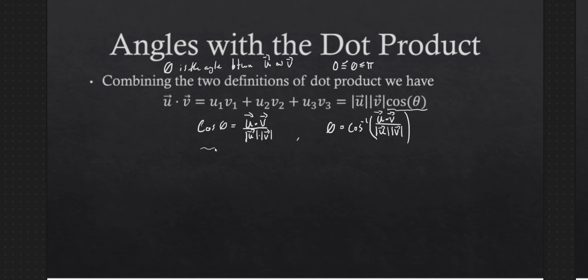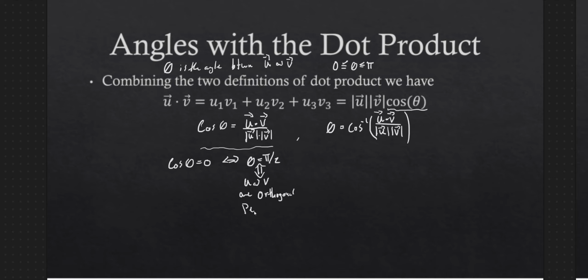I like this form because I know that with theta between 0 and pi, cosine theta equals 0 if and only if theta is equal to pi over 2. And this is true if and only if u and v are perpendicular, or as we say in 3 dimensions, orthogonal.